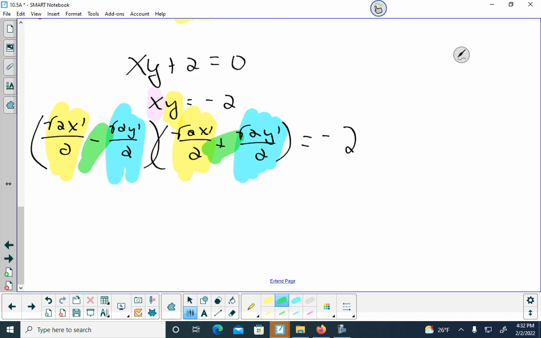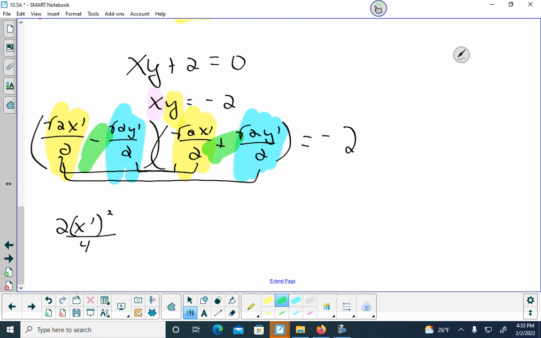If I'm FOILing, I'm going to take the square root of 2 x prime over 2 times the square root of 2 x prime over 2, which will end up being 2 x prime squared over 4. Then this will be 2 x prime y prime over 4 negative, and this will be 2 x prime y prime over 4 positive, so that middle term will equal 0.